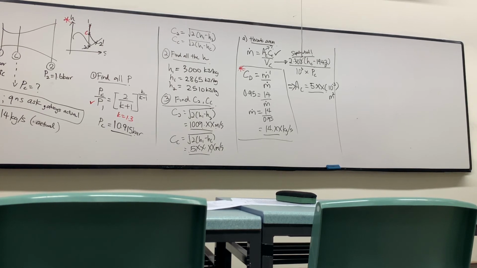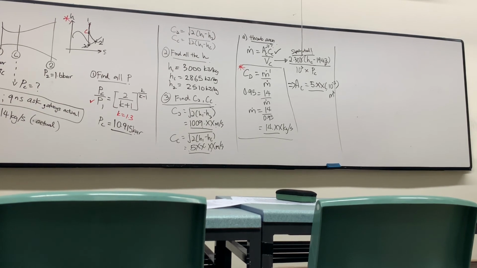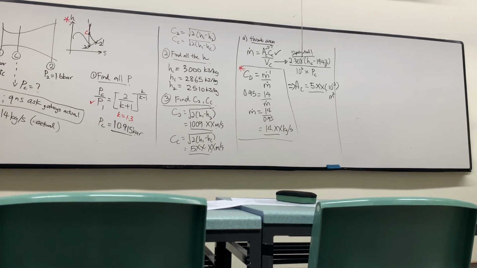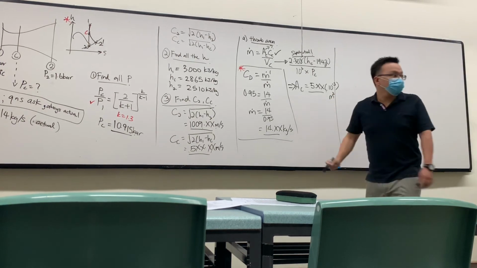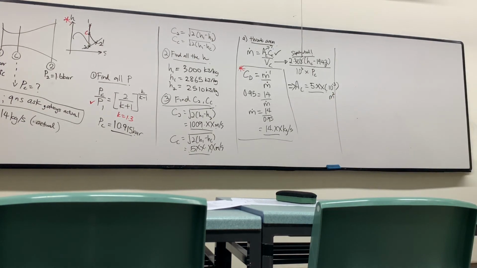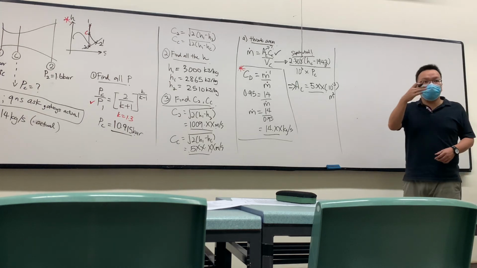C2 is actual. This one is ideal. No, this is actual. I'm finding the ideal one. But you don't have this one. You have this one. This one is ideal. Okay, let me go on first. Let him explain.